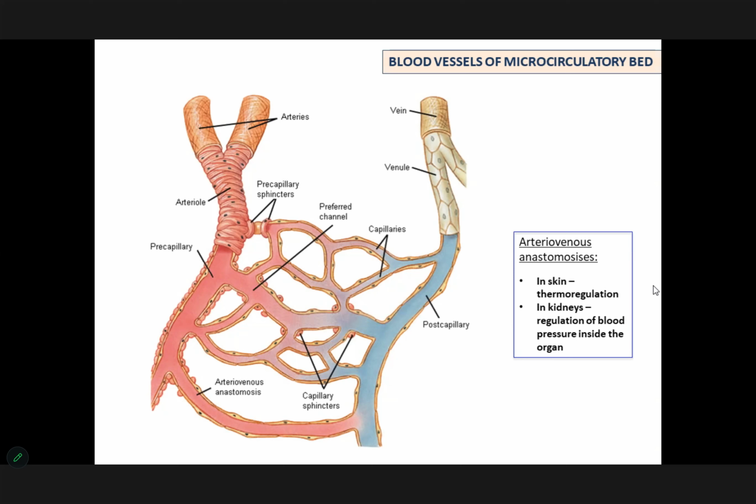Why does it happen? Because the sphincter here closes and blood does not go into the capillaries located close to the surface of our skin in the dermis papillae, but instead blood enters the anastomosis and goes directly back into the body.